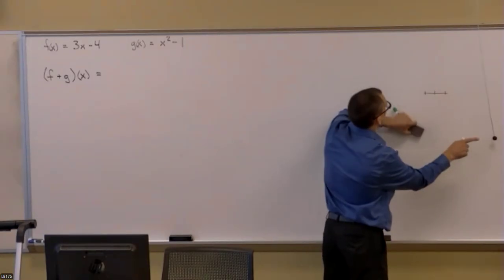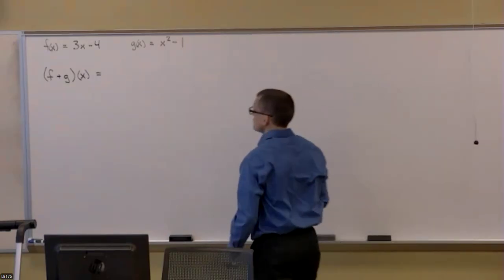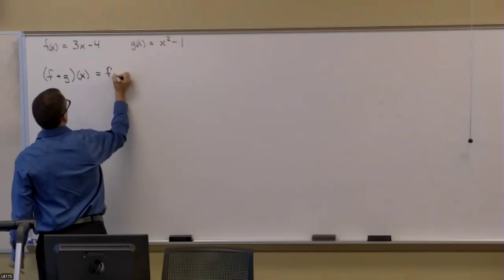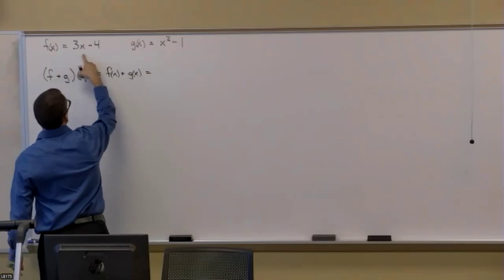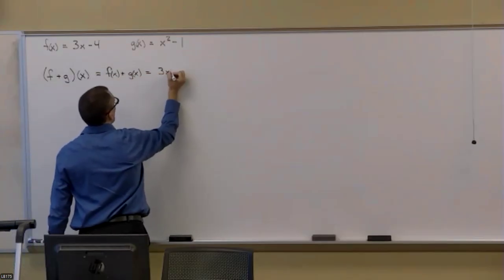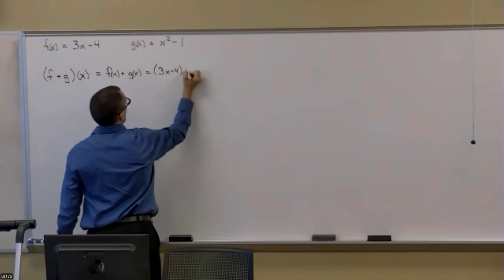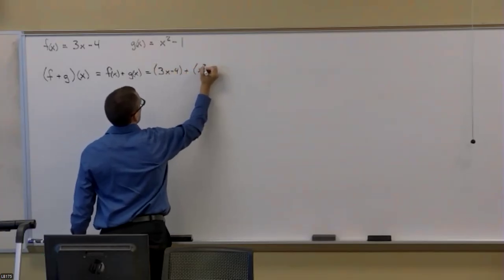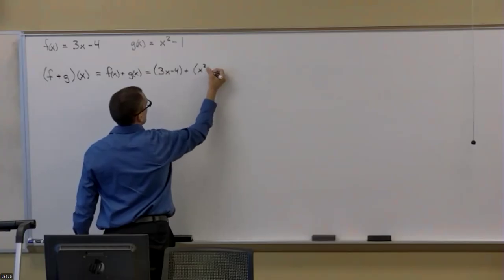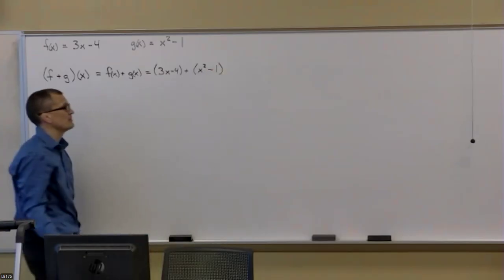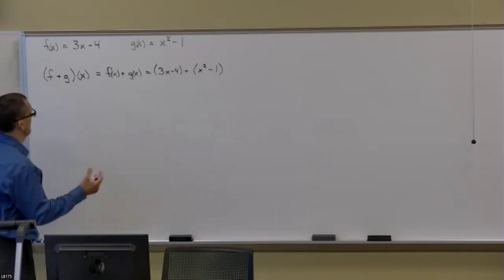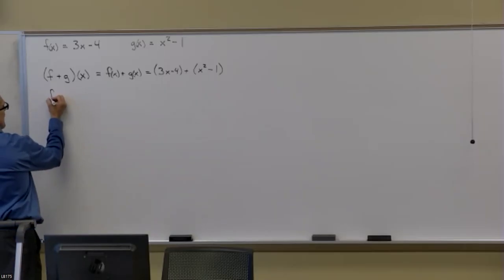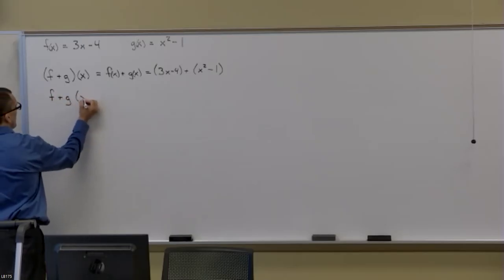So the concept here is pretty straightforward. We just take the output of f of x and add the output of g of x. Since the output of f of x is 3x minus 4, and the output of g of x is x squared minus 1, we simply add those two together. And then that's it. f plus g of x.